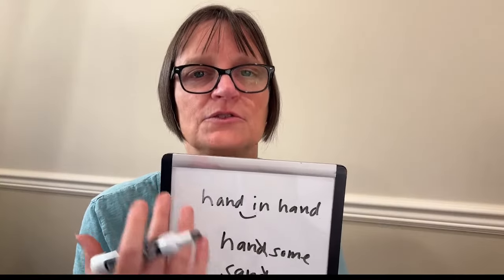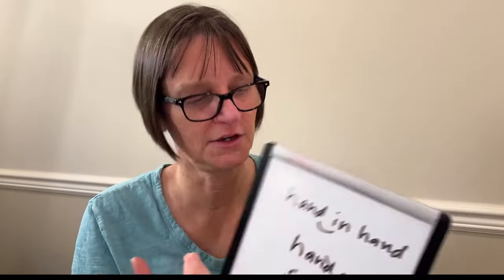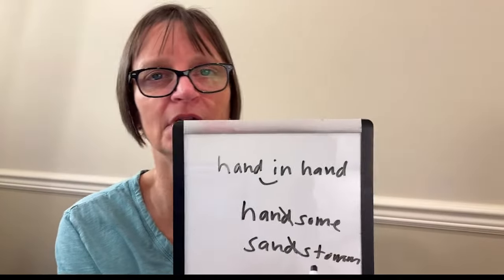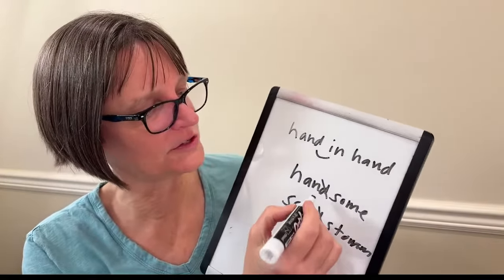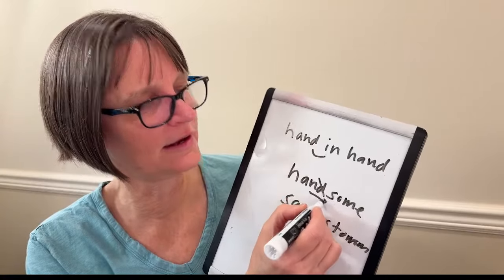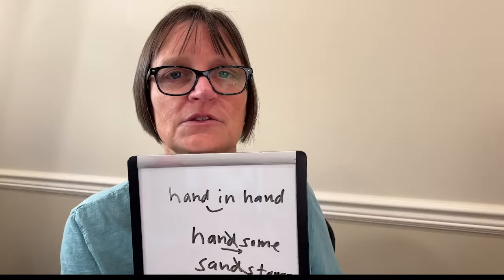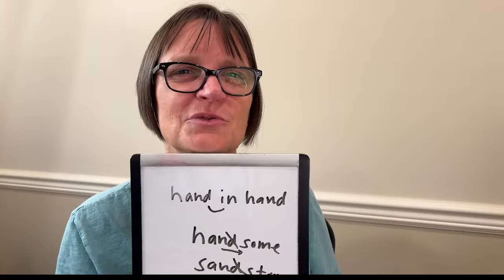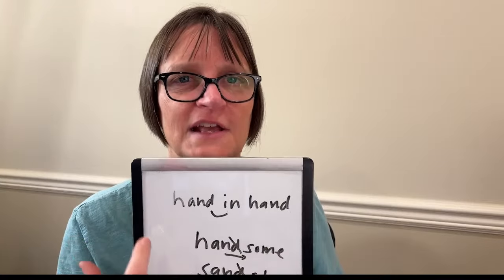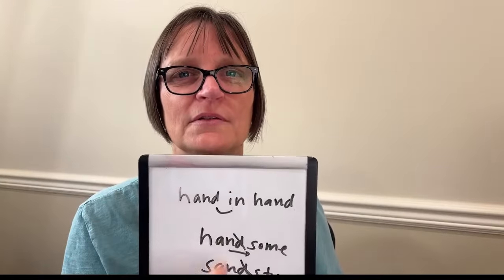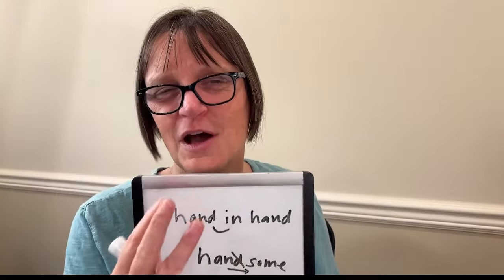So sandstorm, I don't really need to keep that middle D. But I also don't want to have a long N. You hear how if I say sandstorm versus sandstorm, I keep that N kind of short because it's as though the D were coming in to stop it a little bit before I do the S sound.